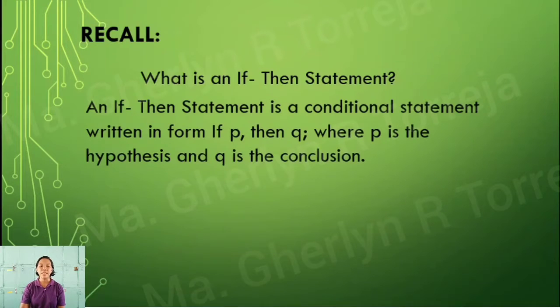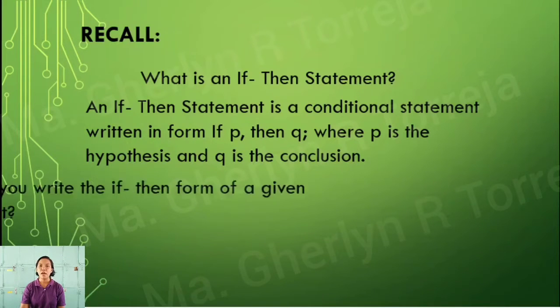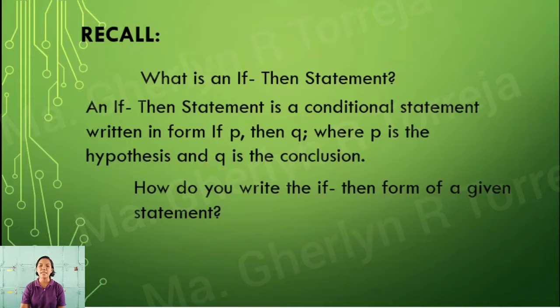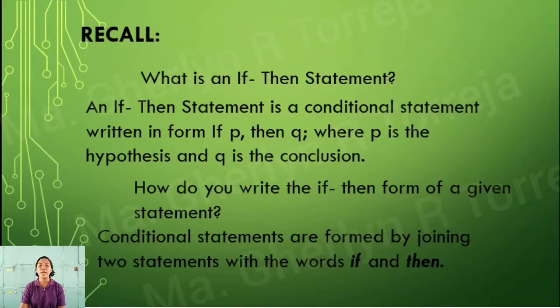So, an if-then statement is a conditional statement written in the form if P, then Q, where P is the hypothesis and Q is the conclusion. Now, how do you write the if-then form of a given statement? Nice. To write the conditional statements, they are formed by joining two statements with the word if and then.